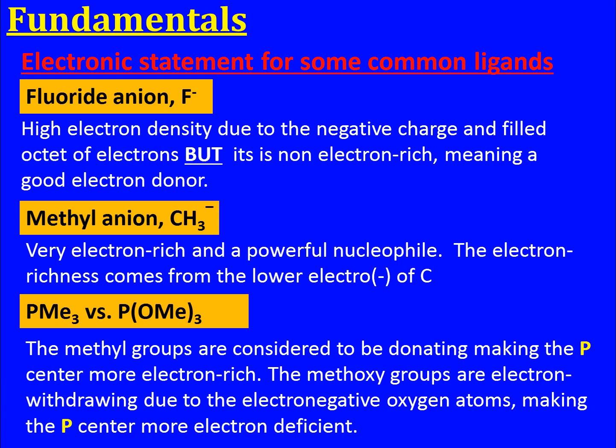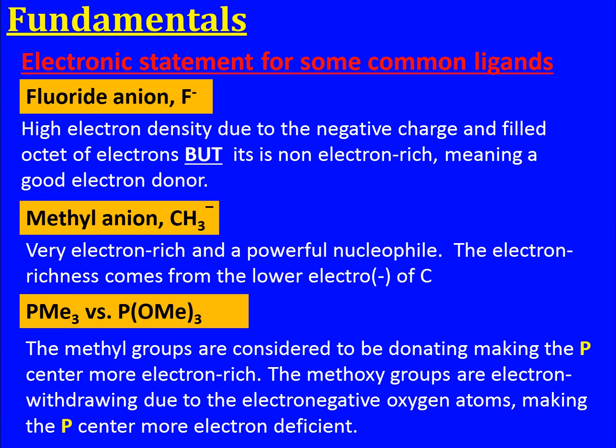But F minus is not a good ligand, it is a poor donor ligand to a metal M, and this is due to the high electronegativity of F. F minus is a poor donor to metal M, so the bond MF is less stable.